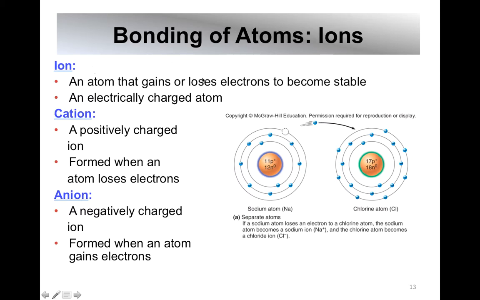Okay, when atoms bond, let's talk about ions first. An ion is an atom that's electrically charged. So it either lost an electron and became positive, or it gained an electron and became negative. Cations are positively charged, and these form when you lose electrons. Anions are negatively charged.